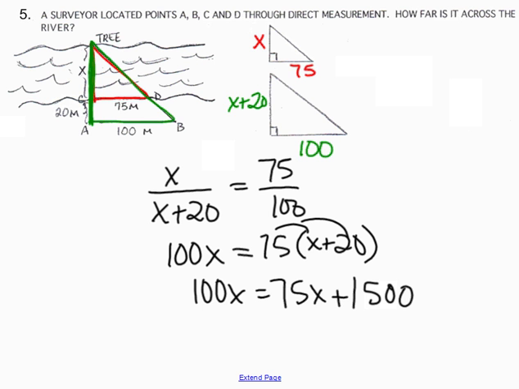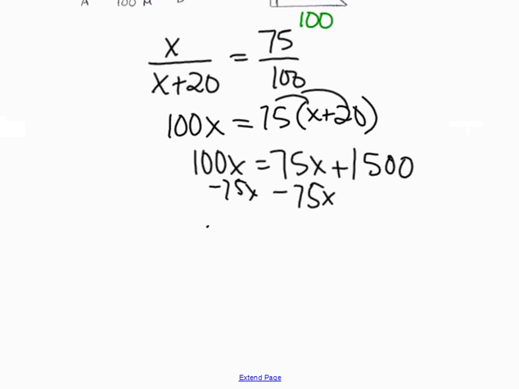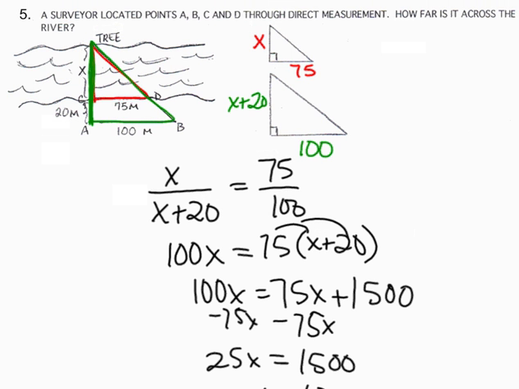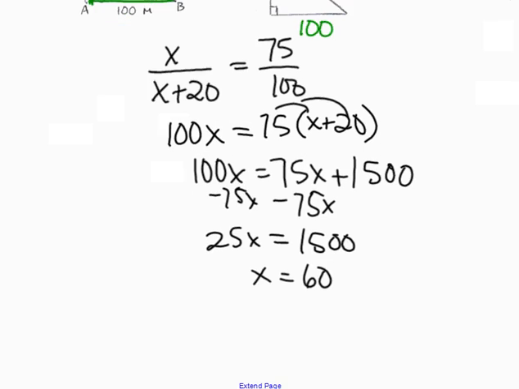Okay, so now we're going to subtract 75x. We end up with 25x equals 1,500. So x equals 60. We scroll up. X is 60 meters. So your answer is 60 meters.